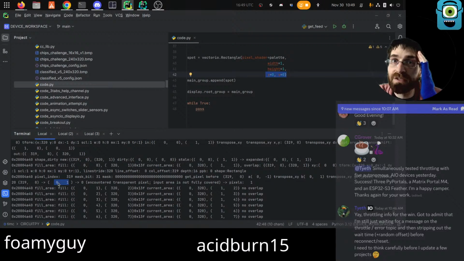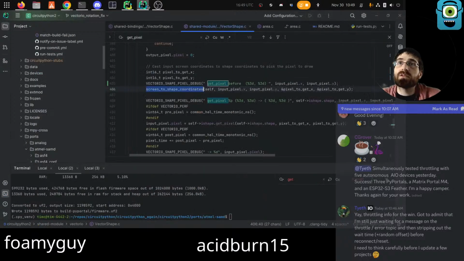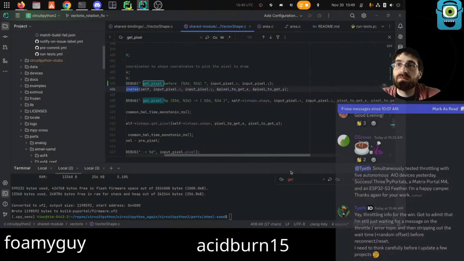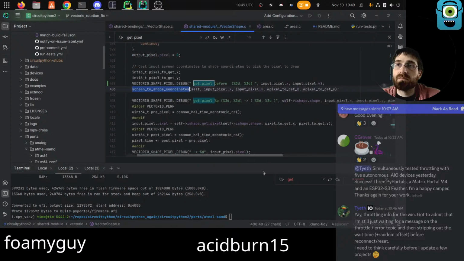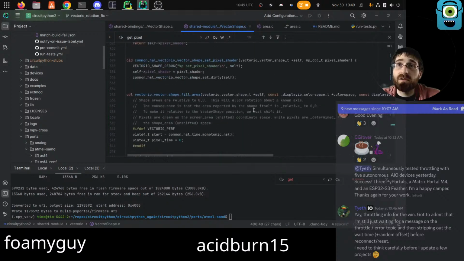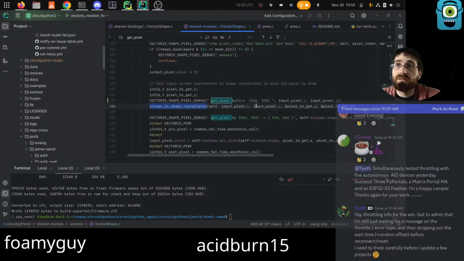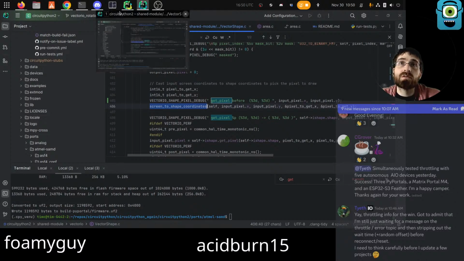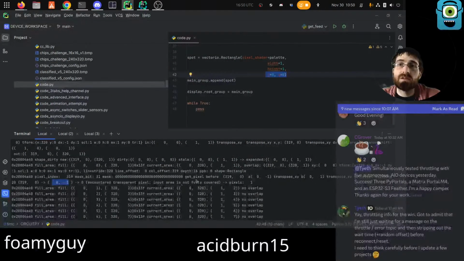So we need this 319, 0 to be looking at 0, 0 in the shape coordinate system. And we are where? We are inside of fill area. Get pixel before said 319, 0.